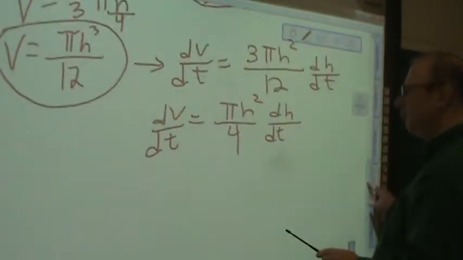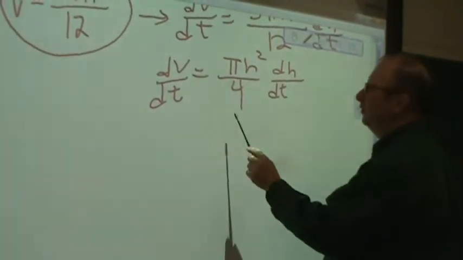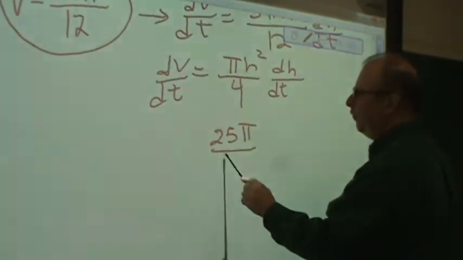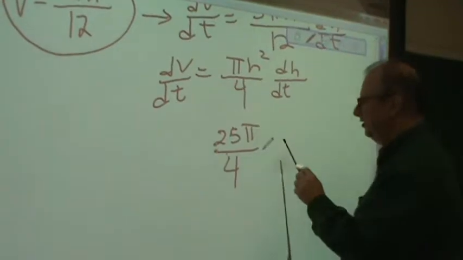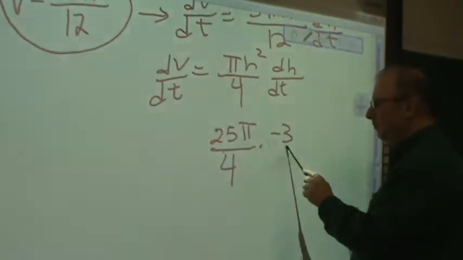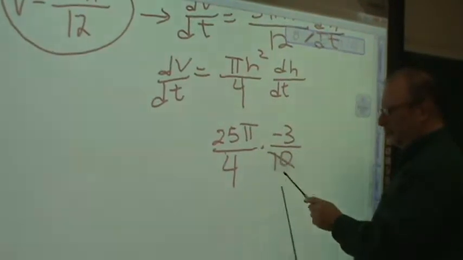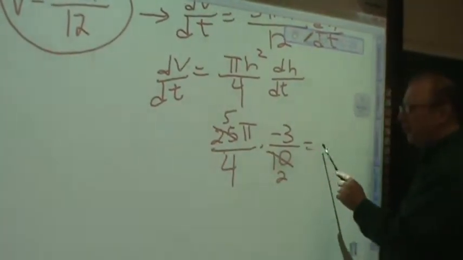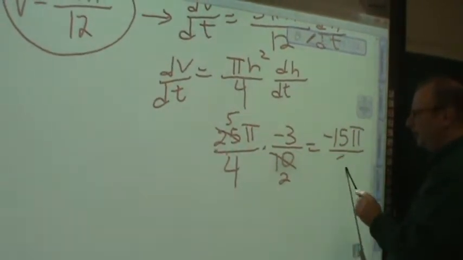And the only thing I'm going to do right now is substitute. We know h is 5, so you get 25 pi over 4. We know this is negative 3 over 10. So you're left with negative 15 pi over 8.